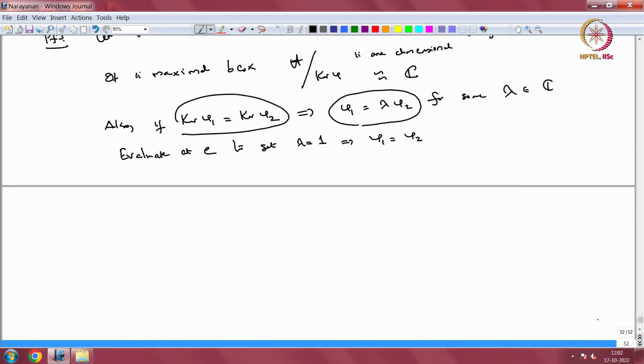Hence phi going to kernel of phi is 1-1. What we will show is that it is onto.